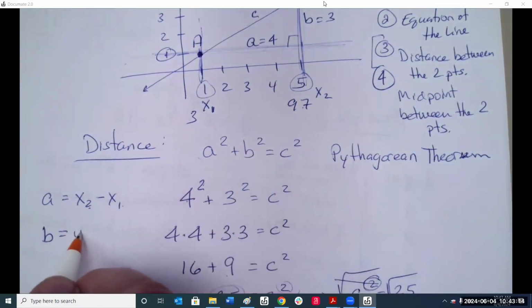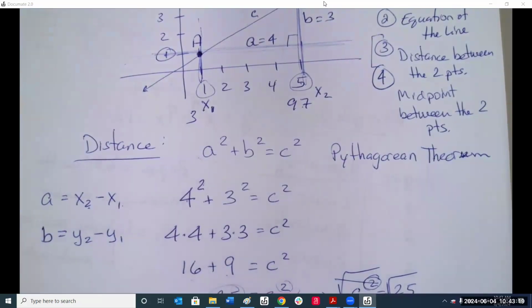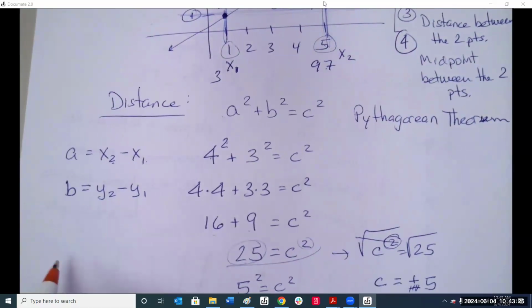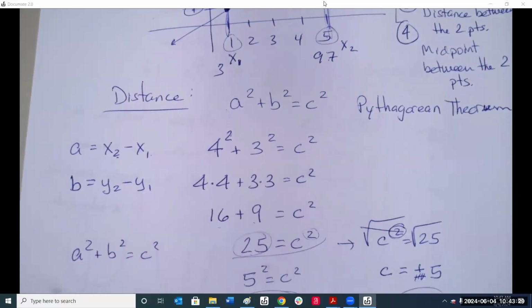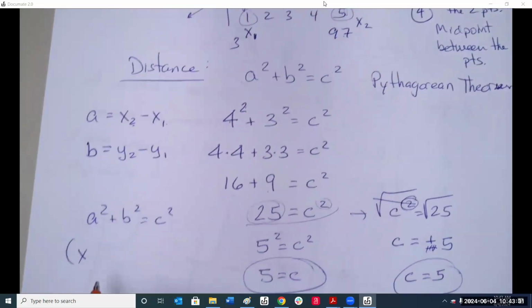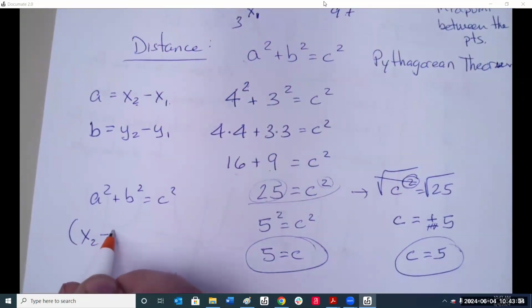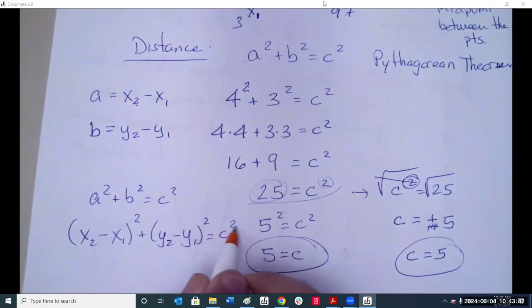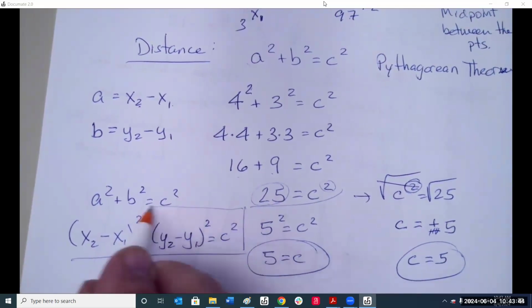So it's y2 minus y1. It's always the bigger minus the smaller. So a squared plus b squared equals c squared actually looks like this: x sub 2 minus x sub 1 squared, plus y sub 2 minus y sub 1 squared, equals c squared. This is the Pythagorean theorem.